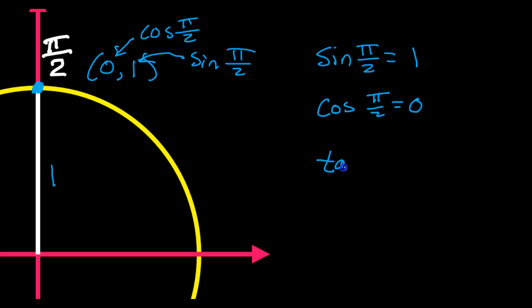Now, the tangent of pi over 2. Again, let's use what we have learned. We learned that tangent is the same thing as sine over cosine. Okay, now the sine and the cosine are 1 and 0.